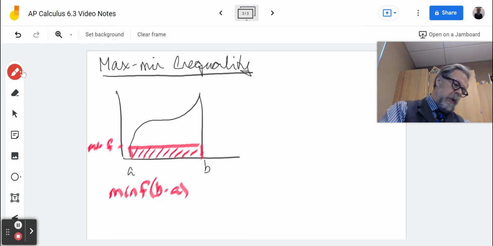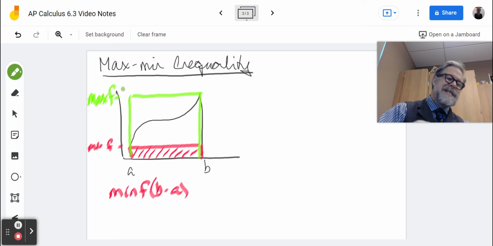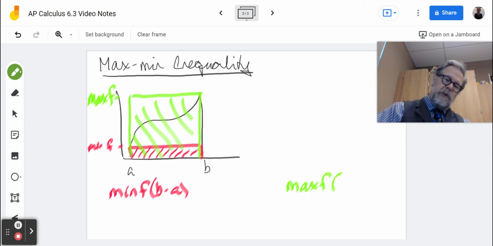Okay, so let's look at another rectangle. What if I were to make a rectangle that was the highest that this would ever go? This is my maximum value of f. Well, clearly the area of this rectangle is the maximum value of f times b minus a.